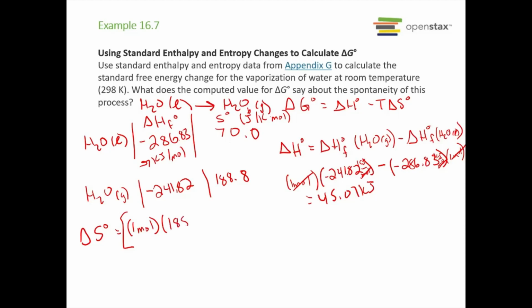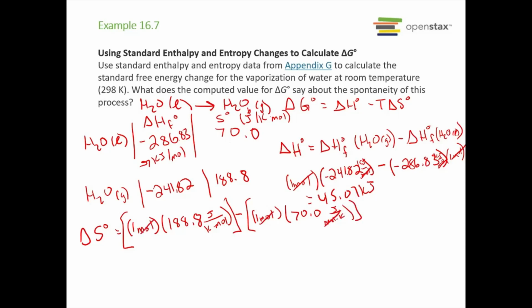So we have 188.8, and these are units of joules per Kelvin per mole, or joules per mole Kelvin, minus 1 mole again, times our reactant, 70.0 joules per mole Kelvin.